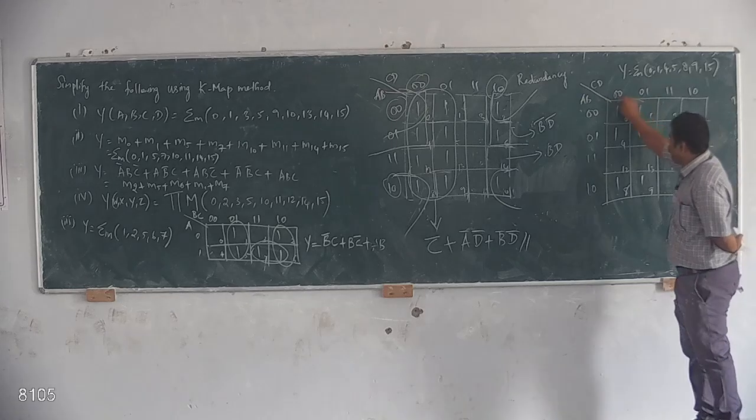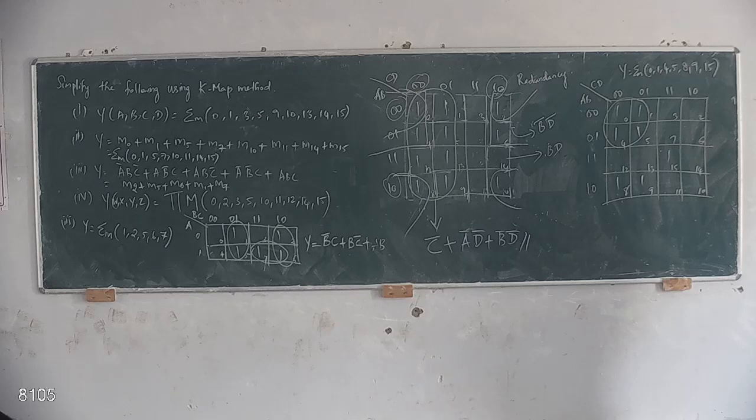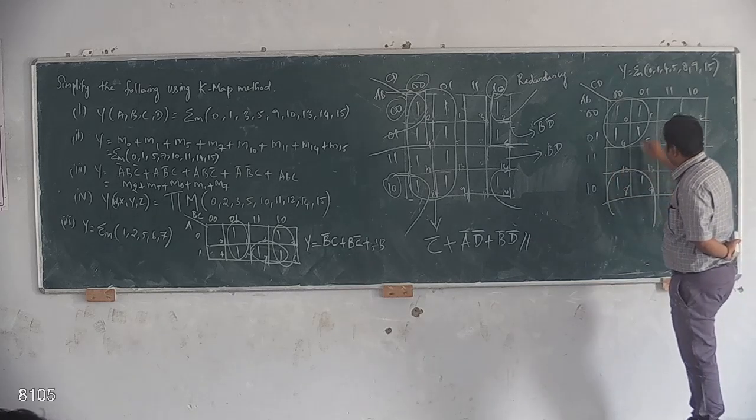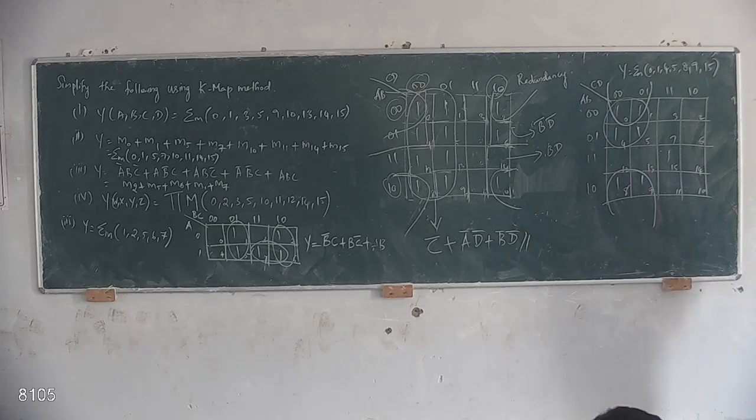So this is one quad. This is one quad. So another quad is here. So another one is left out. What do we need to do? We need to combine it separately, no other way. There is no adjacent cell near that one, so we need to combine that one separately.